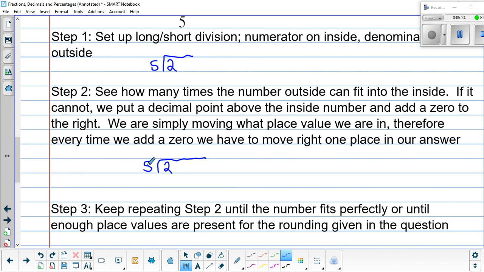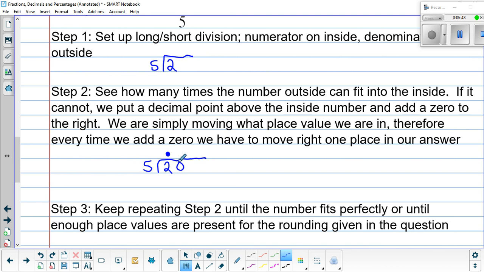So how many times can 5 go into the number 2? Well, 5 can't. So if it cannot, we put a decimal place above the inside number. So right above that 2, I'm putting a decimal. And then I can add a 0 to the right of my number there.